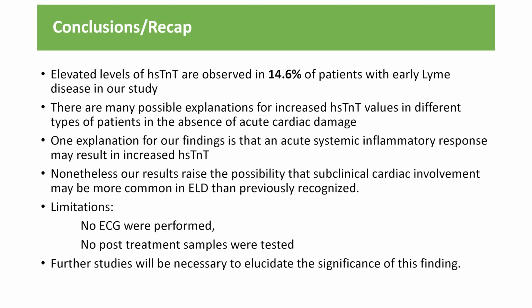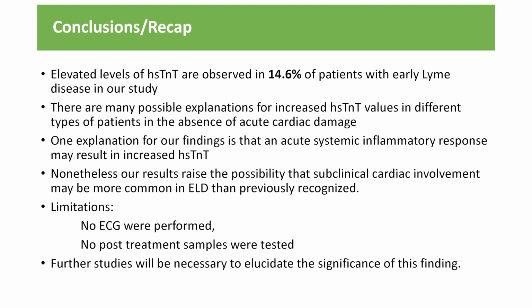In conclusion and recap, our study has shown elevated levels of high-sensitivity troponin T are observed in 14.6% of patients with early Lyme disease in our study. There are many possible explanations for increased HSTnT values in different types of patients in the absence of acute cardiac damage.